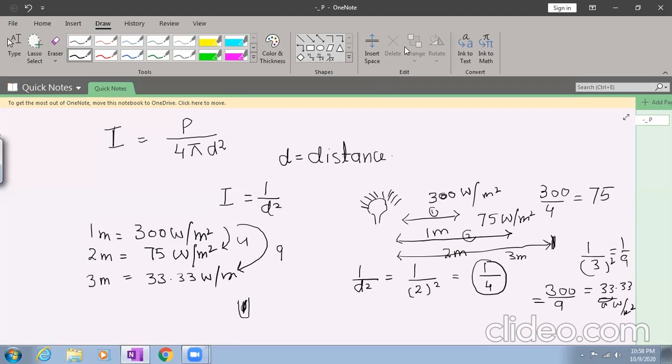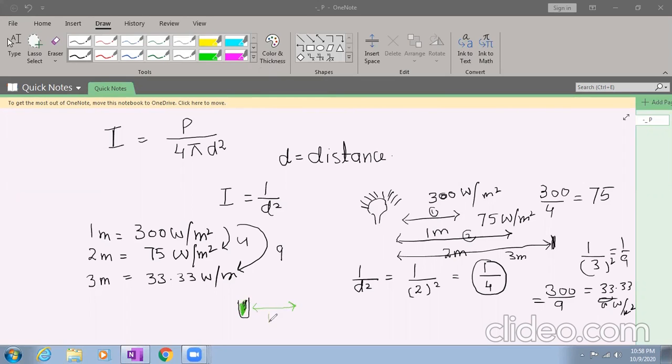So let me make it another color so that you can see. For example, in this tube we have the plant, right? So you can keep your light source at different distances.